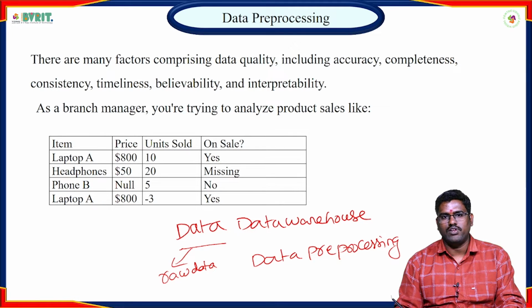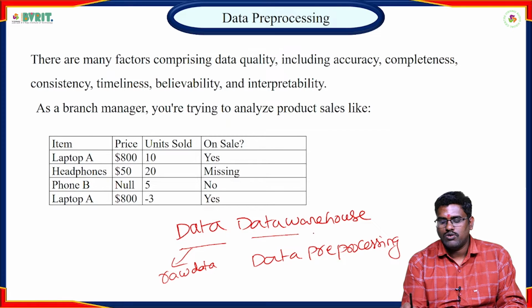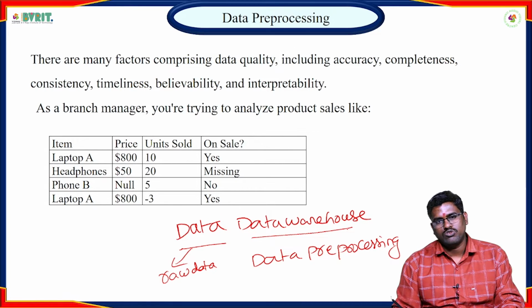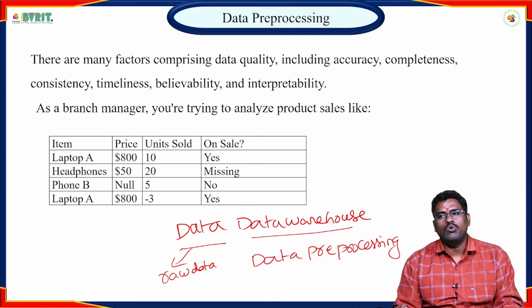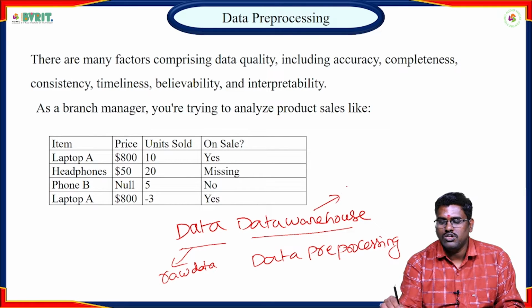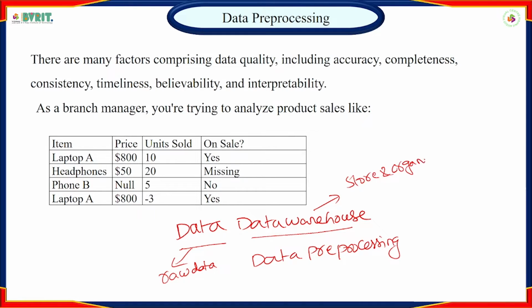A data warehouse is used to store and organize the data, whatever we want to see, purchase, or order. Those all come under the data warehouse. It is used to store and organize the data.